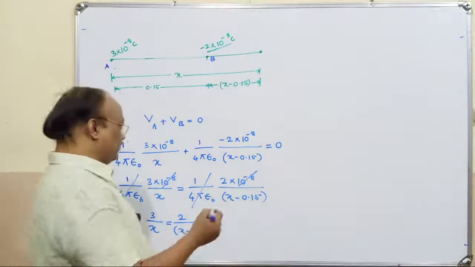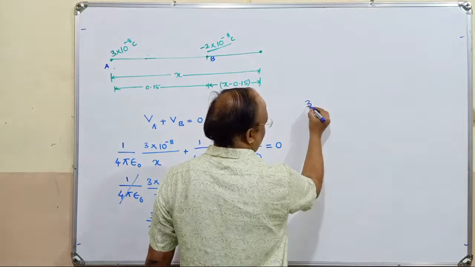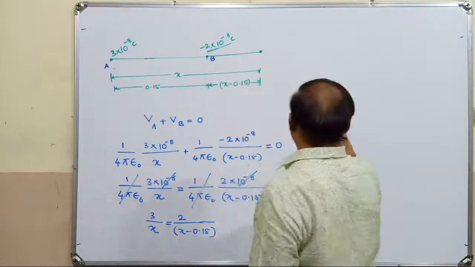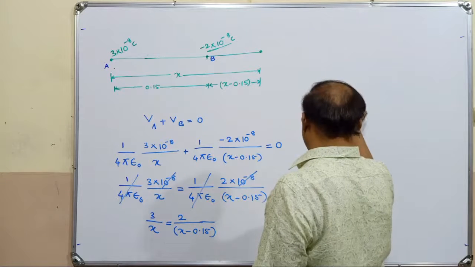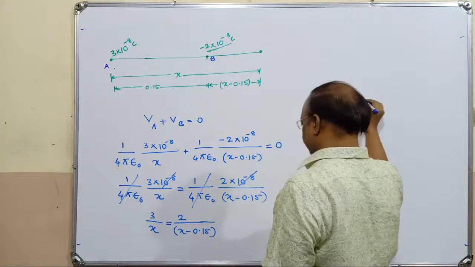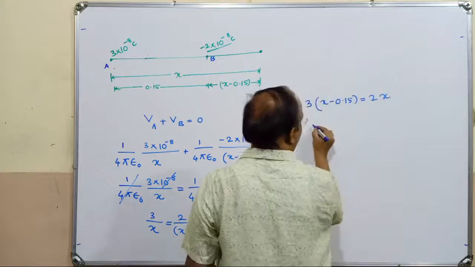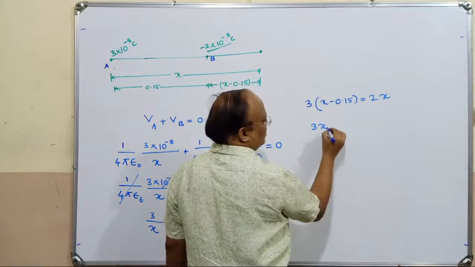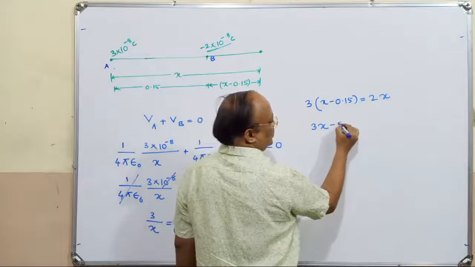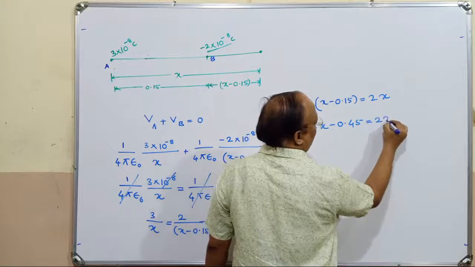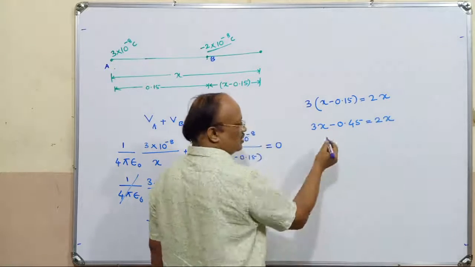So if you cross multiply, 3 into (x minus 0.15) is equal to 2x. 3x minus 0.45 is equal to 2x.